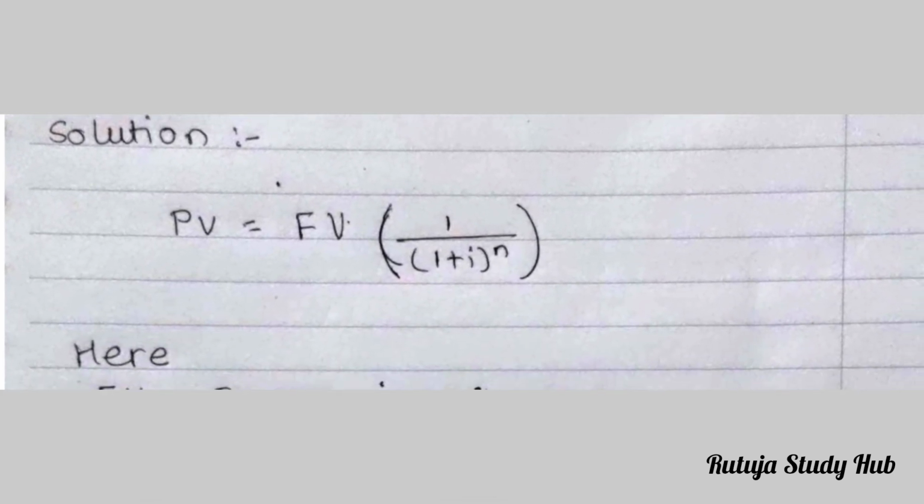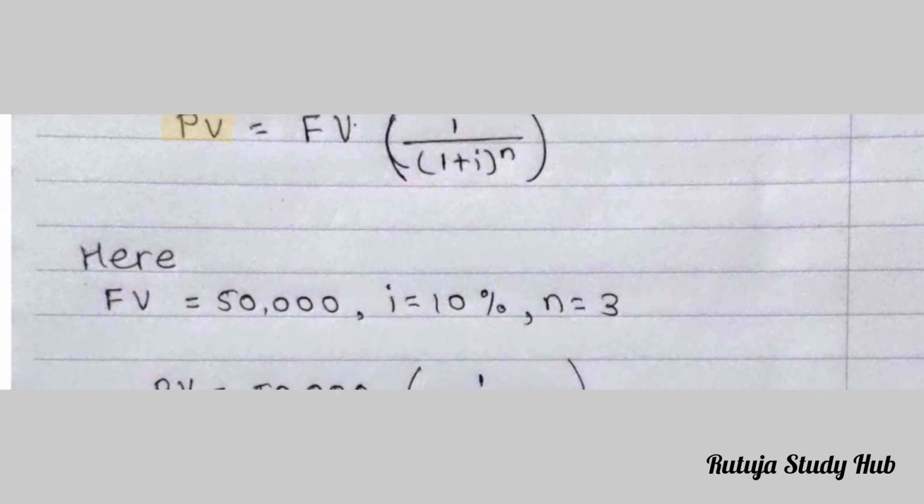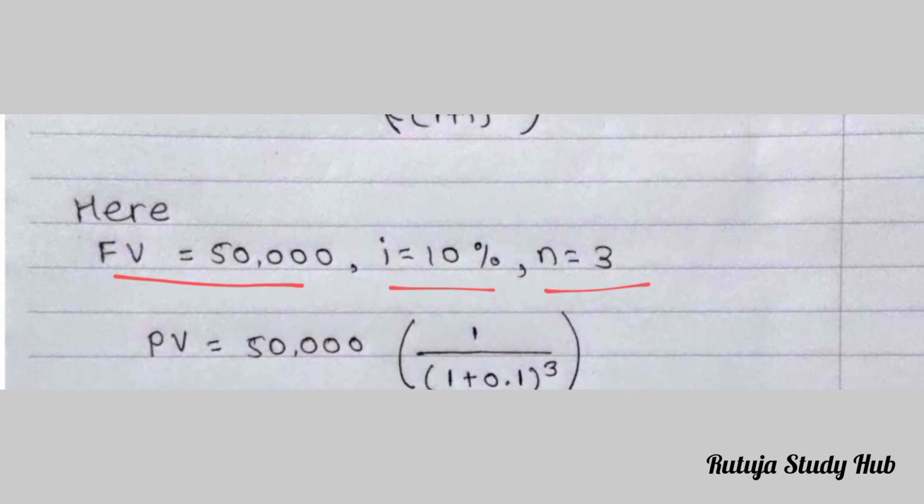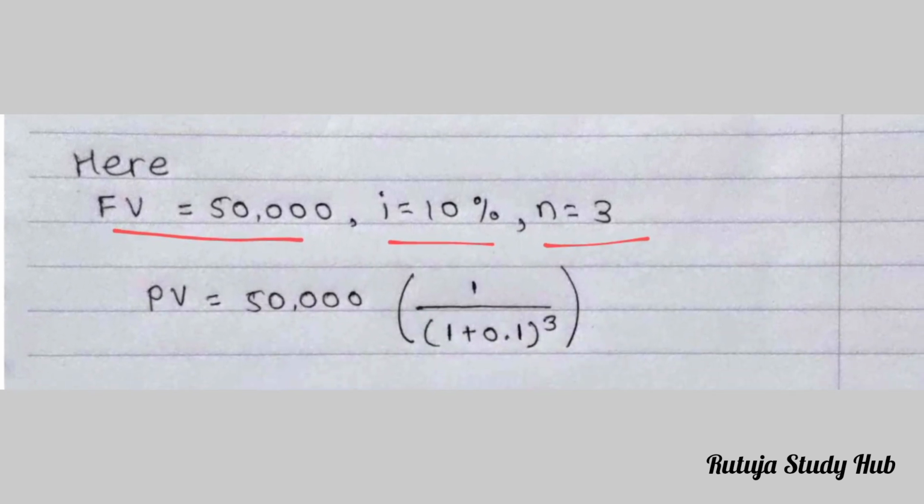For such questions we use this formula. Present value equals FV × 1 / (1 + i)^n, where PV equals today's value, FV equals future amount, i equals interest rate, n is equal to time period. Putting values. Here, FV is equal to 50,000, i equals 10%, that is 0.1, n is equal to 3.